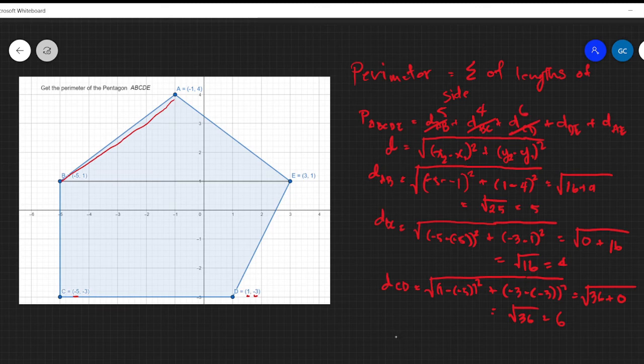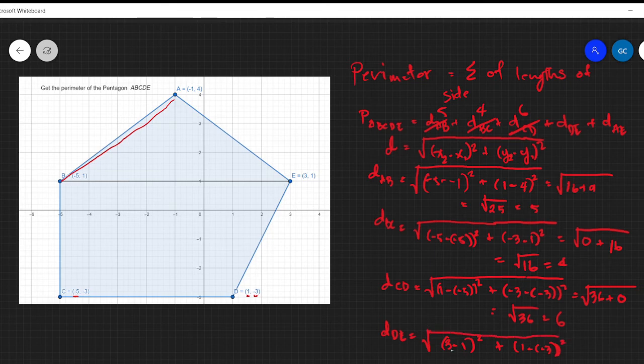And for the next part, we have the distance of DE. Same concept. We have 3 minus 1 squared, plus 1 minus negative 3 squared.